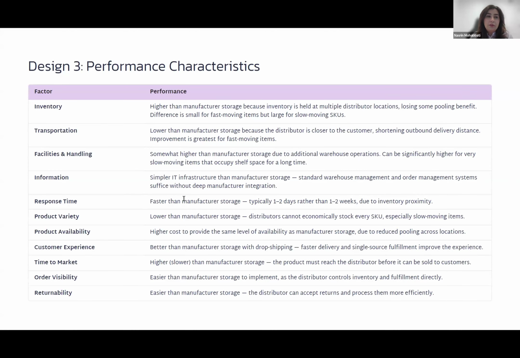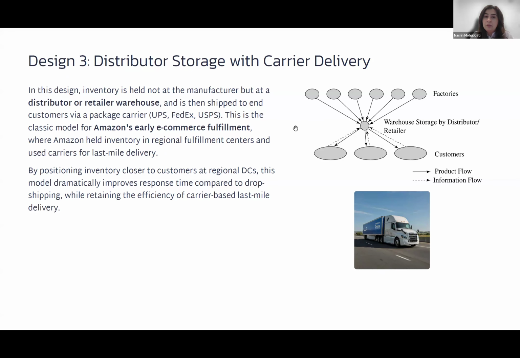In terms of inventory cost, there will be a larger inventory cost because now, instead of having one manufacturer with all inventory in it, we have different distributors and retailers. Again, in this picture it shows one, but in the real world we might have many, right? Many retailers, many distributors.